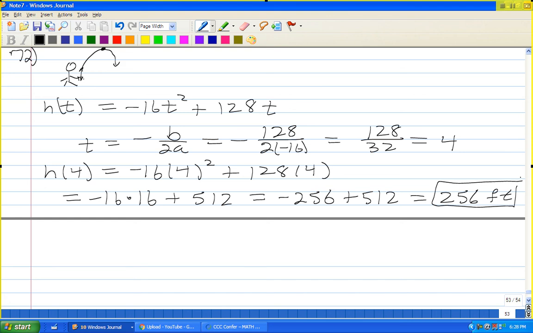And so its maximum height is 256 feet above the ground. Okay, good. So that does problem 72.